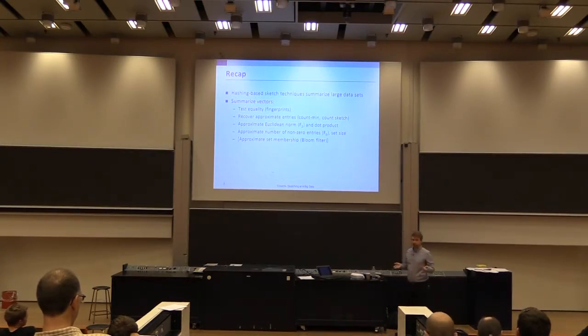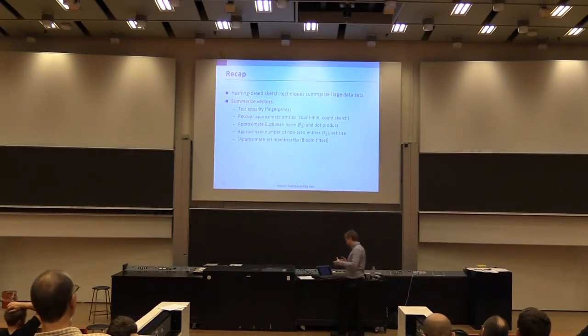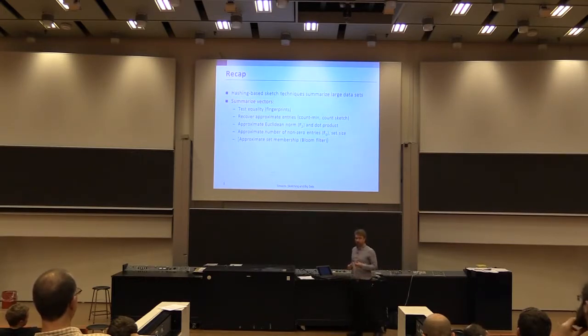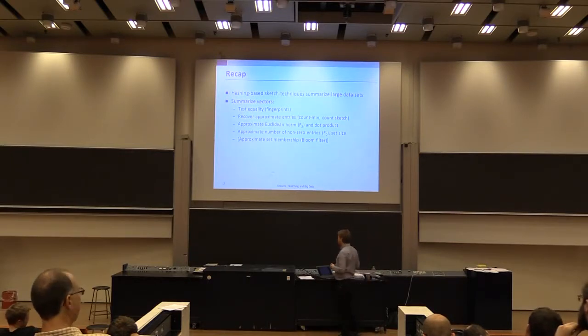We could recover approximate entries using either the count min sketch or the variation I talked about, count sketch, based on the AMS sketch. We can estimate things like Euclidean norm and dot product between vectors. We can estimate the number of non-zero entries and subset sizes, and things like Bloom filter also give us approximate set membership.